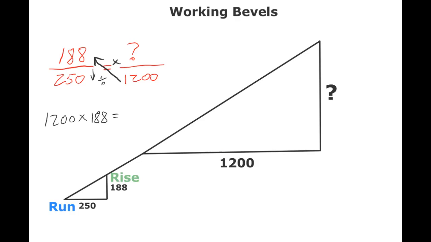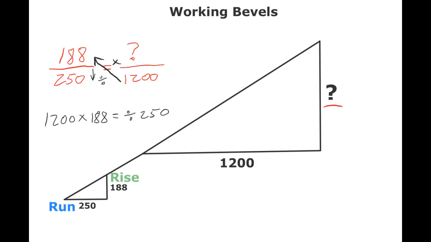Then I'm going to say equals, divided by 250. And that's going to tell me what that question mark is. So then I know how far it is across and how high it is. If I need to build the thing, how tall do I have to make it to reach that same rise to run? That working bevel transfers then exactly.